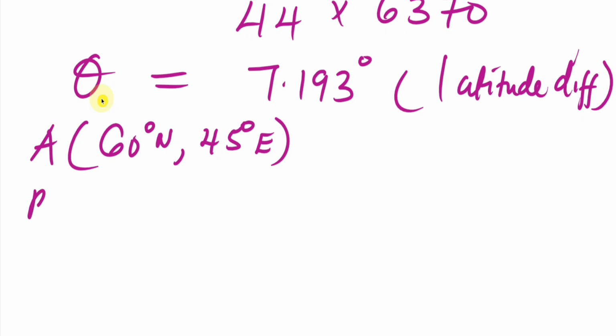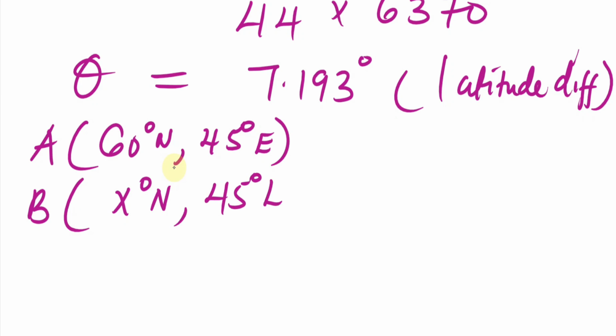Then the position of B is x degrees, and this will still be north, with the same 45 degrees east. They are located on the same longitude.